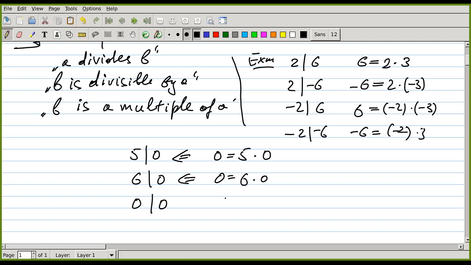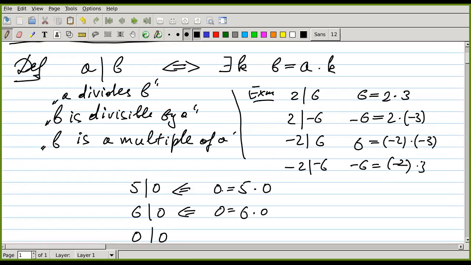No. Well, it's a problem because it's undefined. Nobody knows. There is no problem here. And of course, it's not a situation where nobody knows. 0 is divisible by 0, or 0 divides 0. Why?